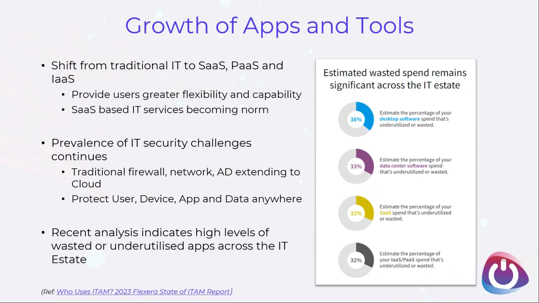You can see it in our data center, in our SaaS side of things, as well as IaaS and PaaS. Now, I used to be a sysadmin in my younger life, and I remember buying products for all their features and feature sets, but 80% of the time only using 20% of the functionality. With the growth of apps and tools, this is becoming even more prevalent in the modern age.